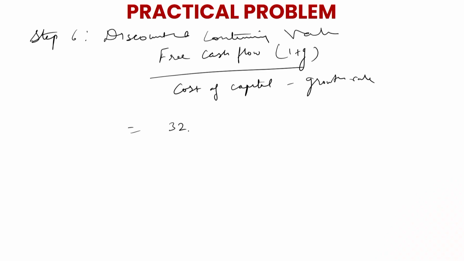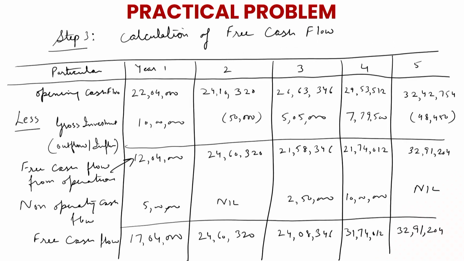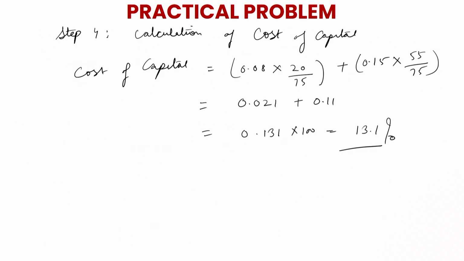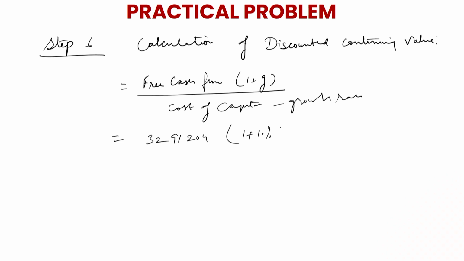So we reached the figure of 32,91,204, which was our free cash flow of the last year, that is the 5th year. Here it is 32,91,204 to be multiplied by (1 plus 10% of the growth rate) to be divided by the cost of capital.